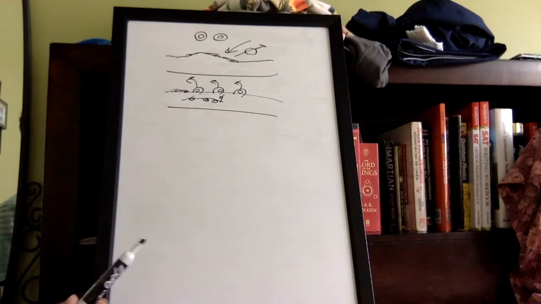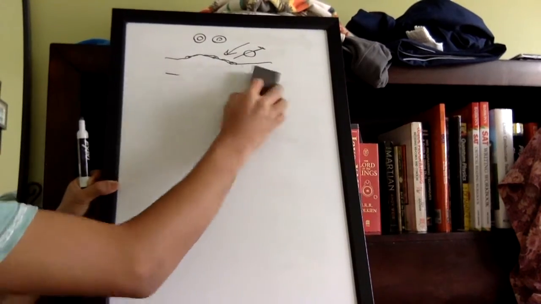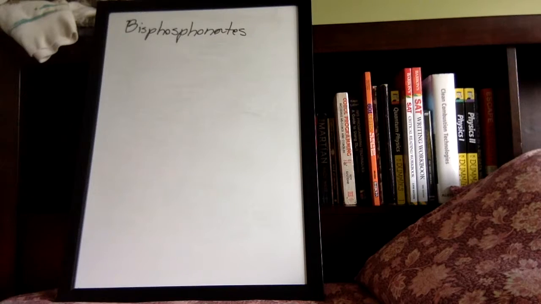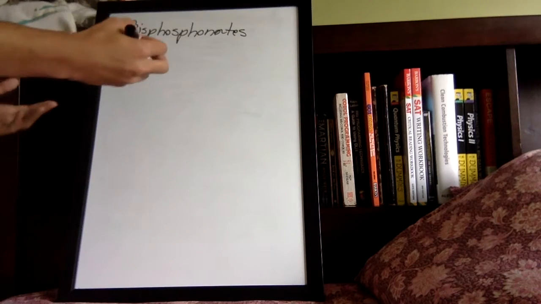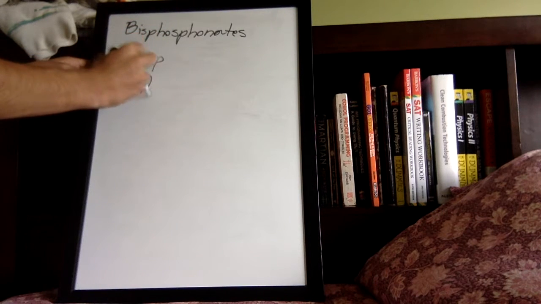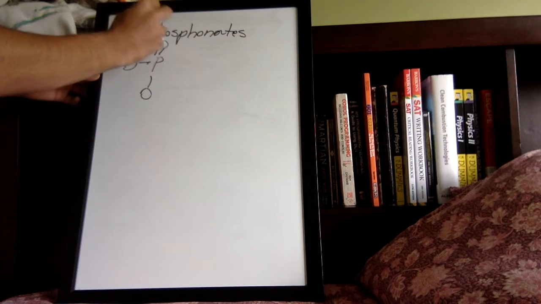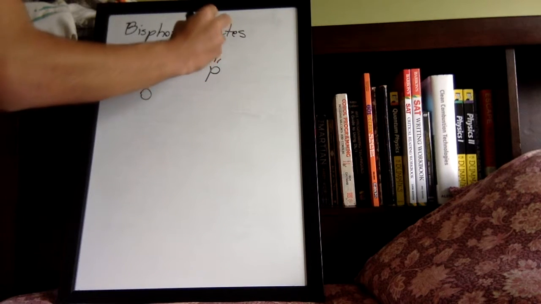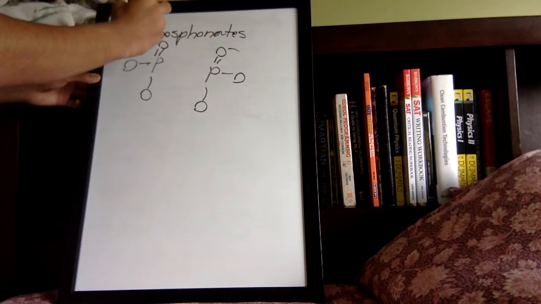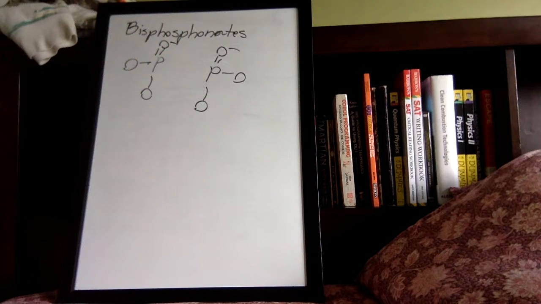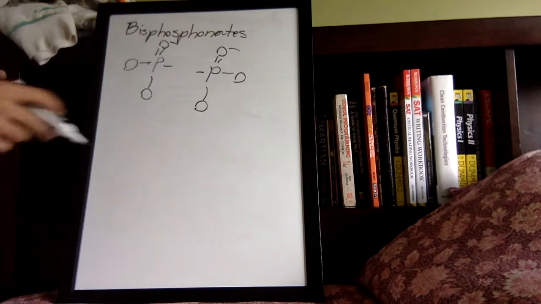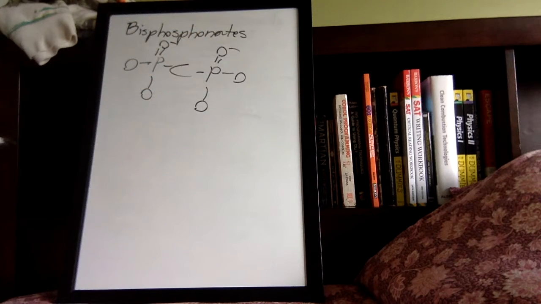So a common solution to this problem is bisphosphonates. What's important to know about them is that they have two phosphate groups, and the oxygens on the ends have negative charges. These can be linked by a multitude of atoms, sometimes carbon.